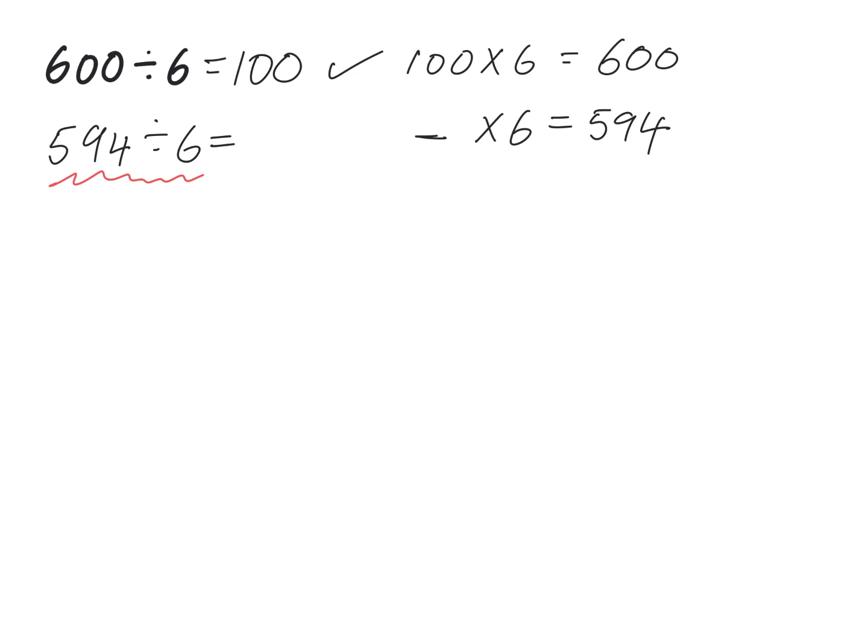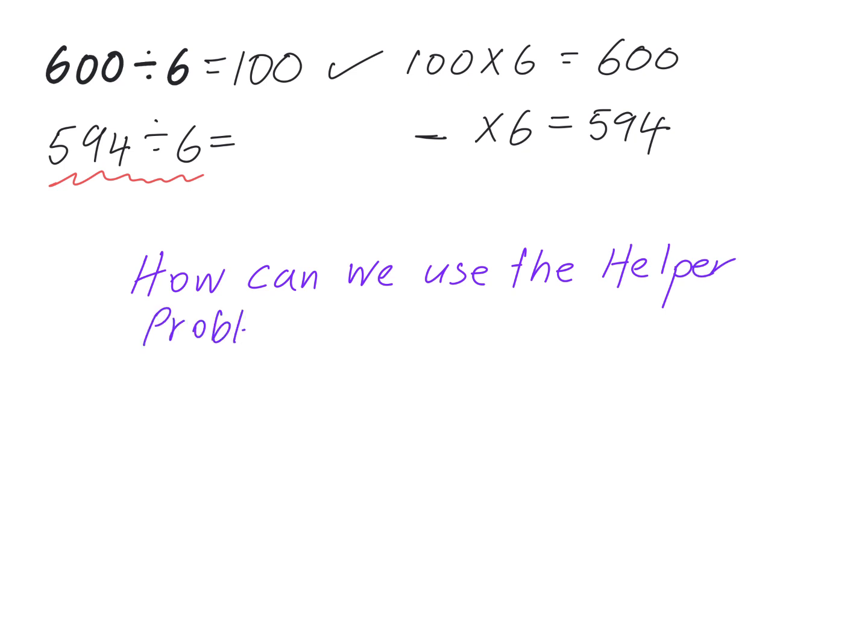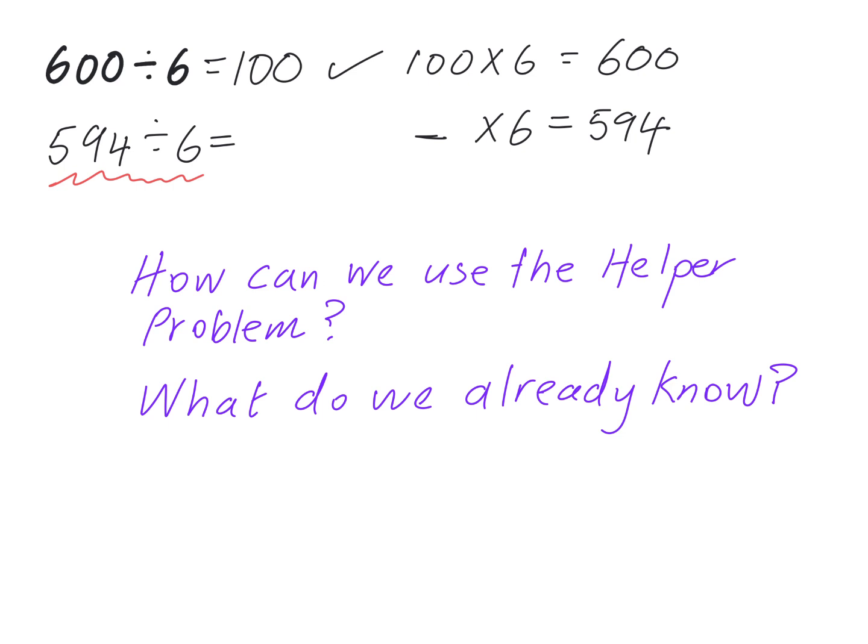Here's where questions and prompts are critical. How can we use the helper problem to assist us? What do we already know about the problem that can help us? So here's our helper problem.